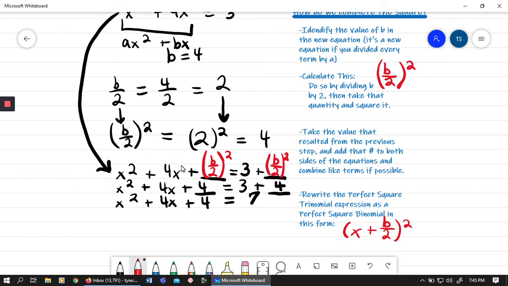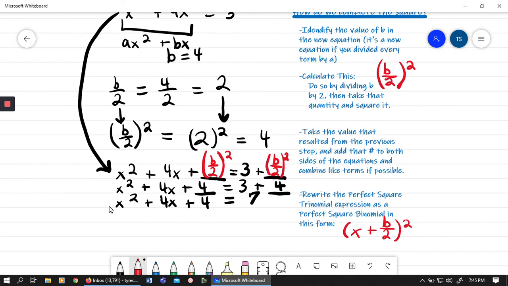First of all, please realize that when we added this number to both sides of the equation, we created a perfect square trinomial.